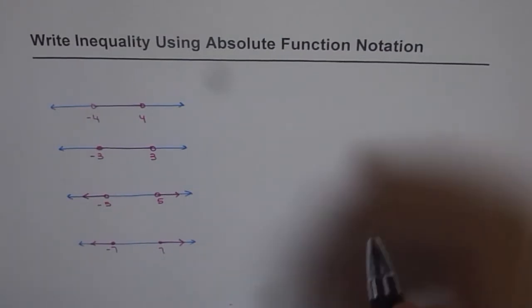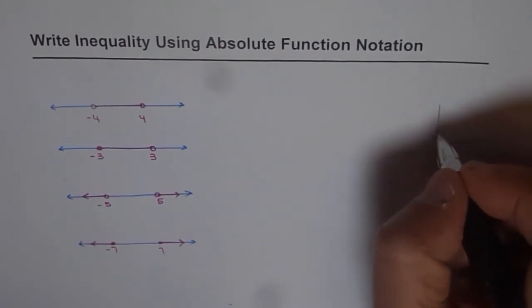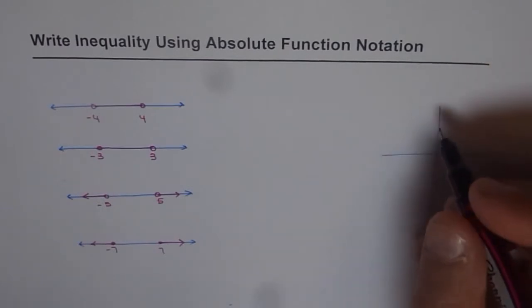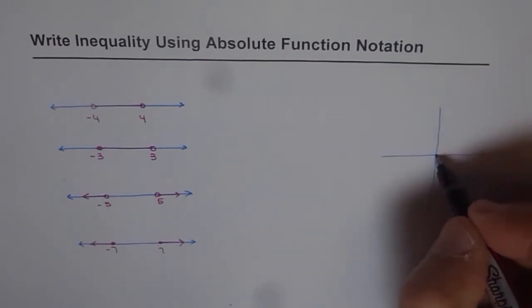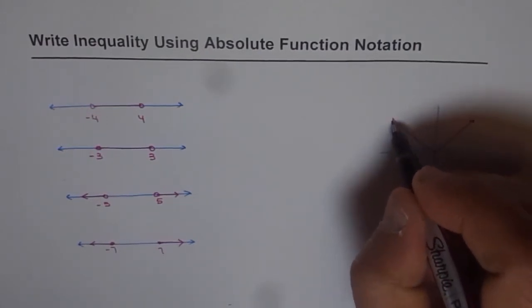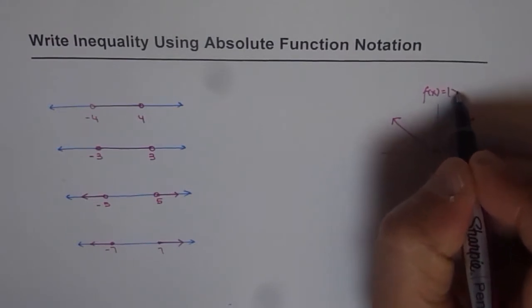Now let's first have a look at the absolute function itself. Let us say this is my xy coordinate system, and the absolute function is always positive, you know. So it is drawn like this. That is the absolute function. We say f of x equals absolute x.